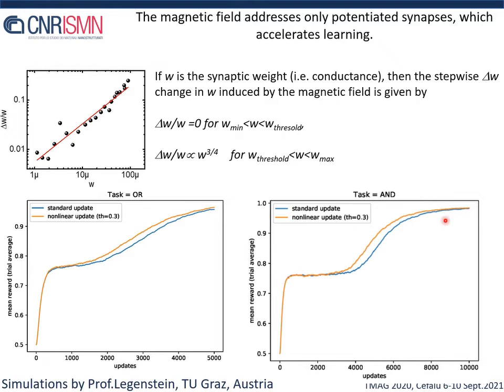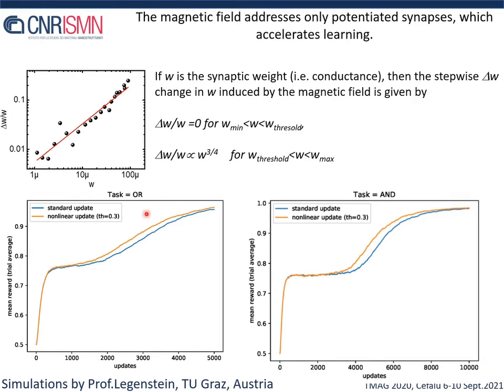As you can see, the use of this update law in the learning algorithm sped up the learning process. So we have demonstrated that our molecular spintronic devices can embody the plasticity of synapses that is necessary for learning, and that the magnetoresistive response can speed up the learning process.